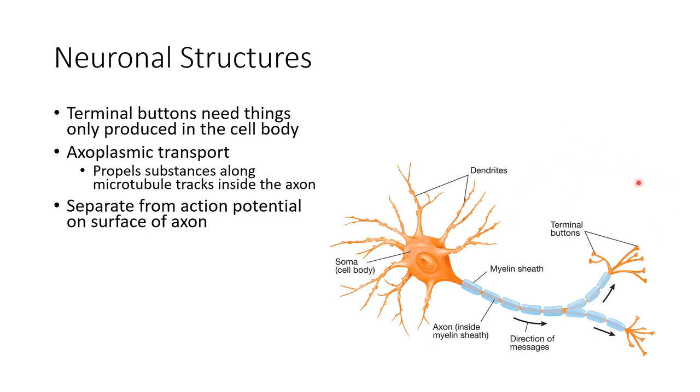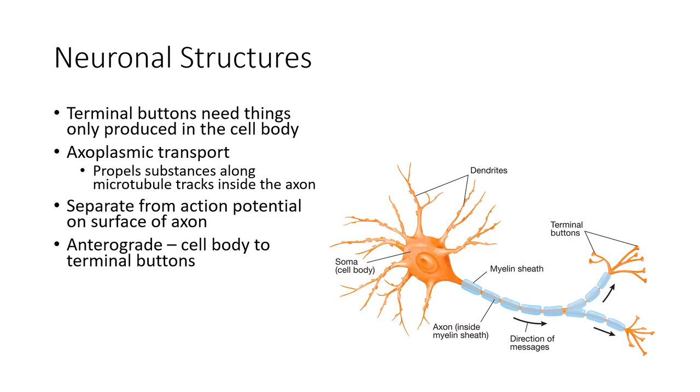So when that occurs, that is again called an action potential, which is different. But when that happens, the signal is traveling on the surface or on the outside of the axon. In axoplasmic transport, the substance or signal is traveling along the inside of the axon.